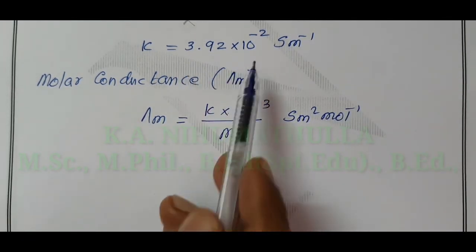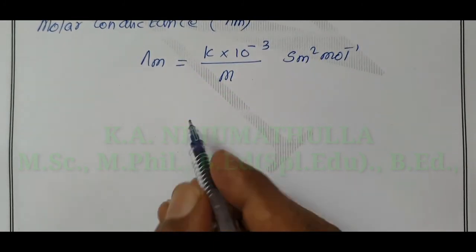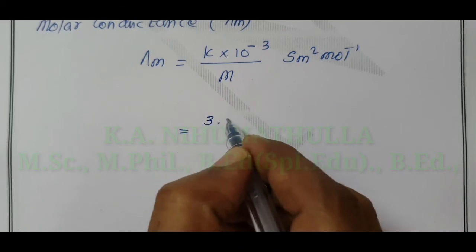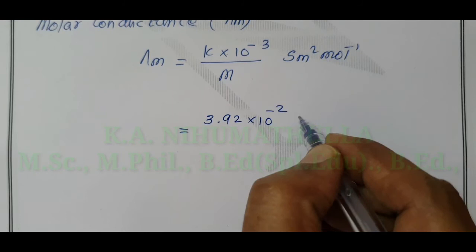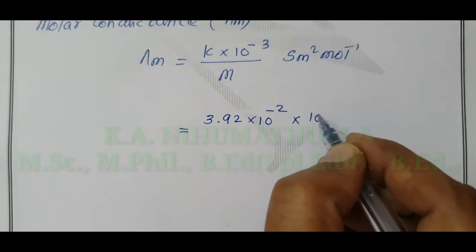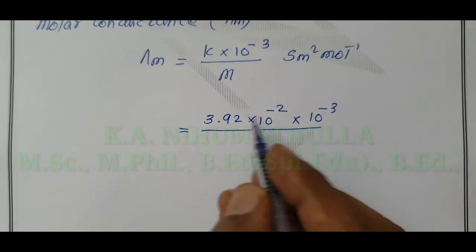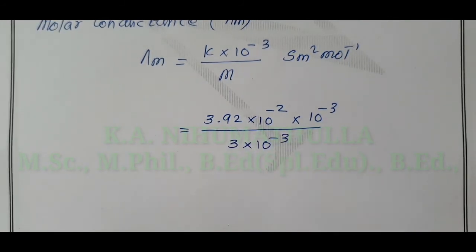The kappa value we have calculated, into 10 power minus 3, divided by the m value given in our problem. Easy calculation. That is equal to 3.92 into 10 power minus 2, the kappa value, into one more 10 power minus 3, divided by the concentration value given in our problem, 3 into 10 power minus 3.